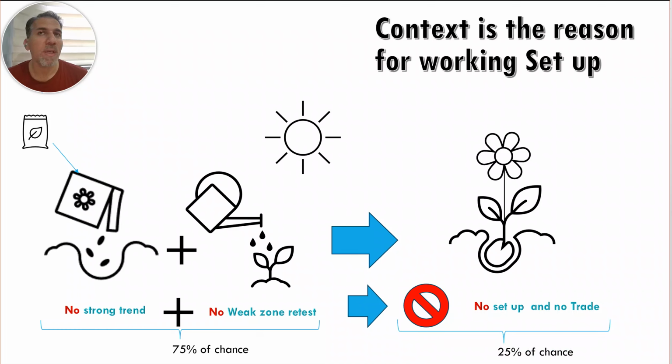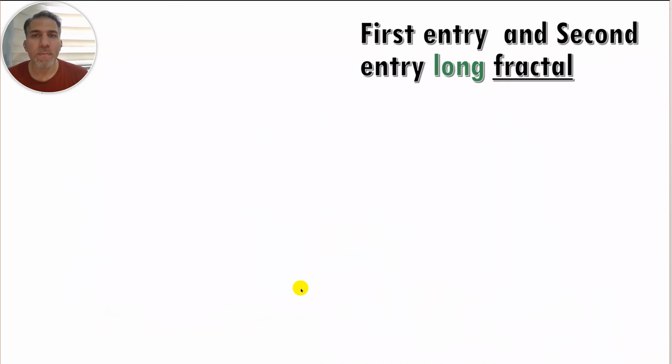Just 25% is finding a good setup. First of all, you have this setup, but it could also have fractals of this setup. What does it mean? It means that it is increasing the probability of the setup working out for you.